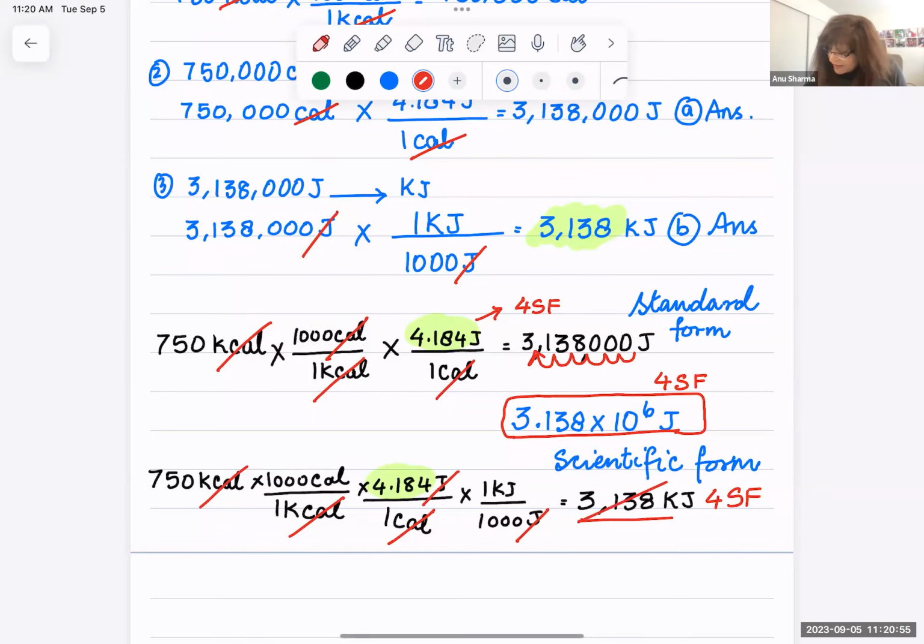That's the thing, right? So it depends on the calculation you're doing. What I mean to say is that every time, look at the choices first of all.